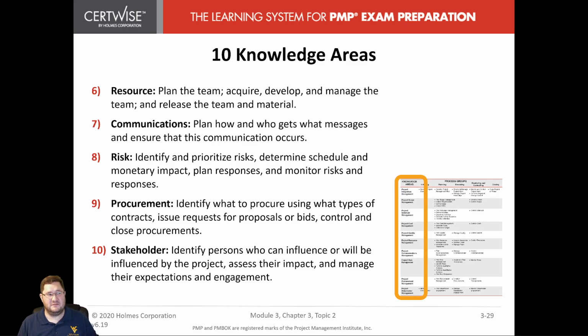So six, the resources. We're on the sixth one down the list. We have to make sure that we plan our team. Our team is resources. So we need to acquire our team members, develop them if we need to make sure they have additional skills, and manage our team. And then release the team as we determine we don't need that resource anymore.